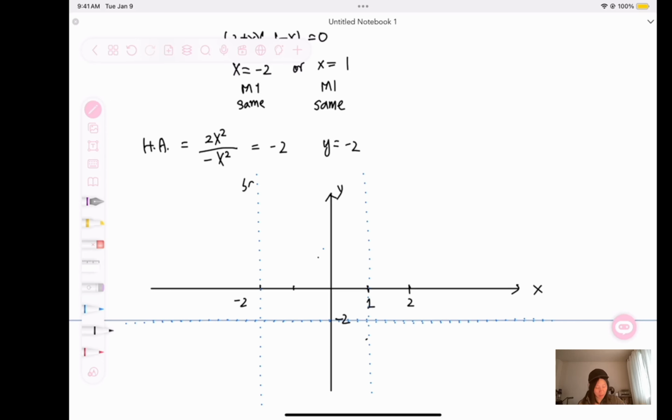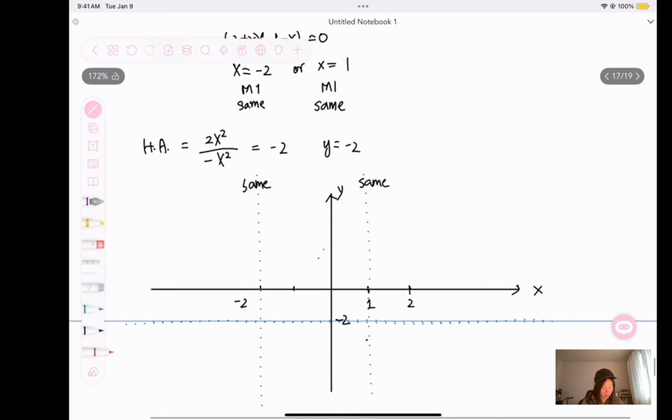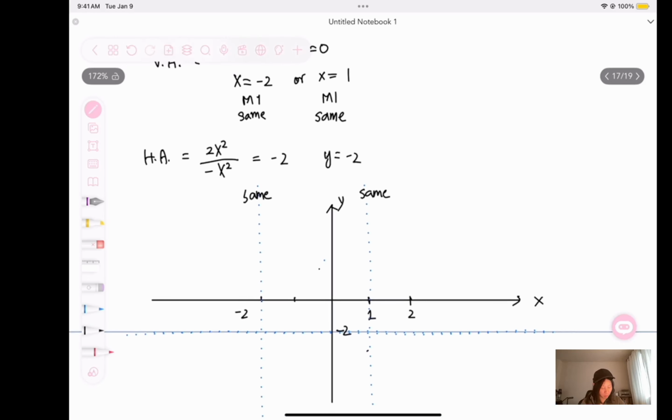Next, we want to label the x-intercept and the y-intercept. There is one y-intercept here, which is (0, 5 over 2).